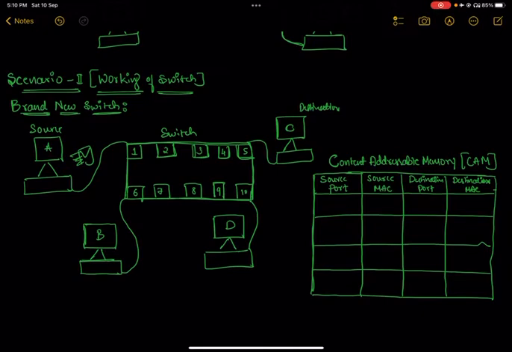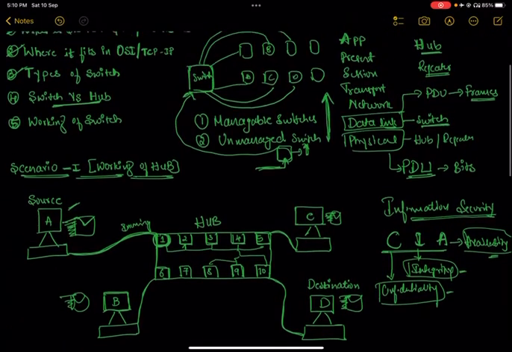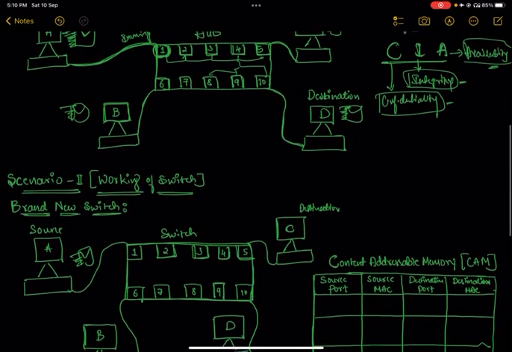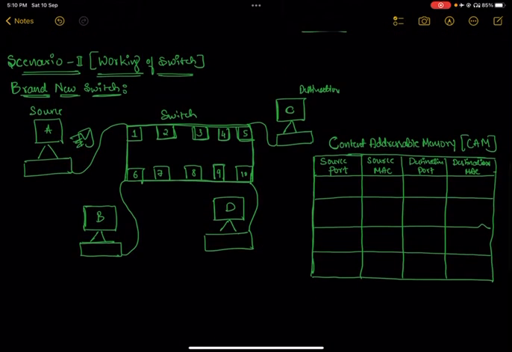Before we understand that, let's look at the data link layer frame. In the data link layer, what is the protocol data unit we talked about here? The PDU is frames. In frames, we have MAC addresses. We don't have IP addresses because layer 2 switches don't understand IP addresses.